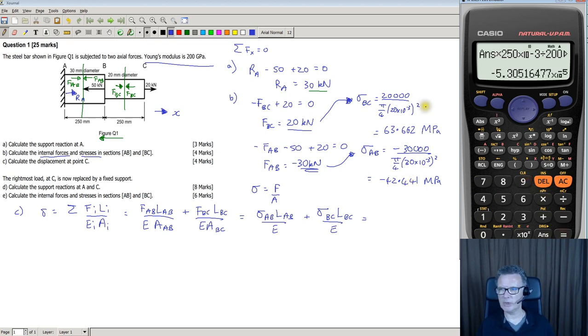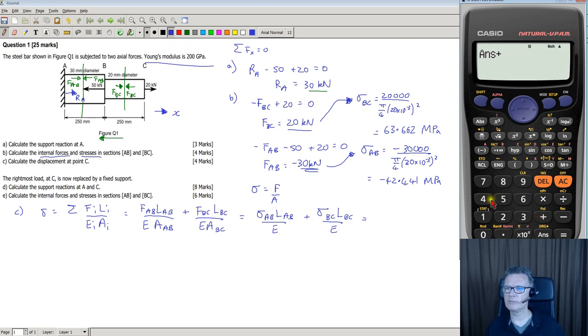And the next one is the BC, so that's this one here. Notice I'm using the signs. So the AB section I'm expecting to get compressed a little bit, and the BC section I'm expecting to get extended a little bit.